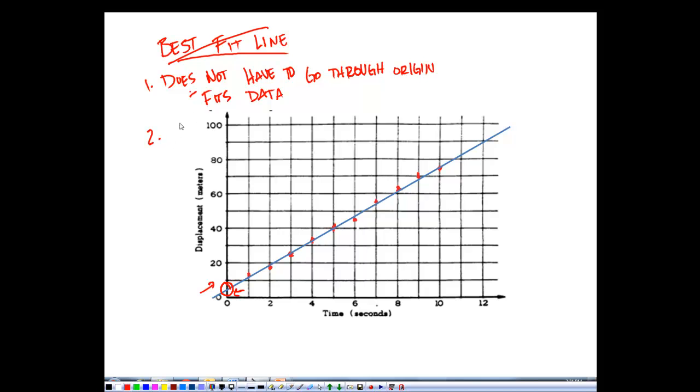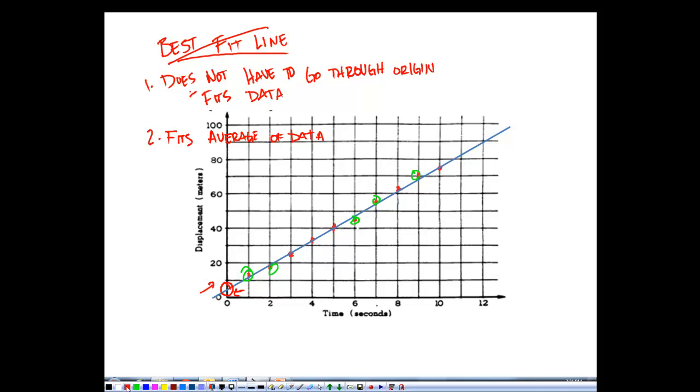Second thing, it fits the average of our data. So looking at our best fit line, I've got some points above and I've got some points below. It's sort of the average of what's going on. It's a good representation of all of our data. So, it doesn't have to go through the origin. It fits the average of our data.